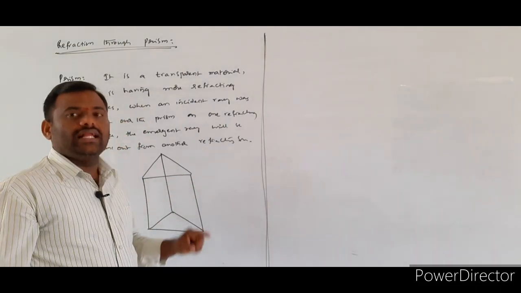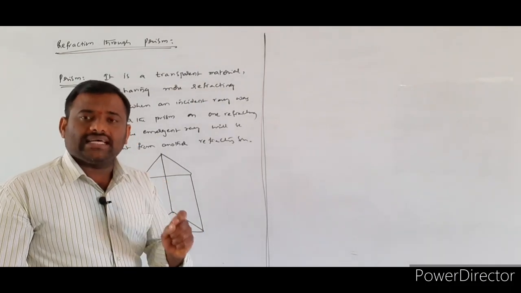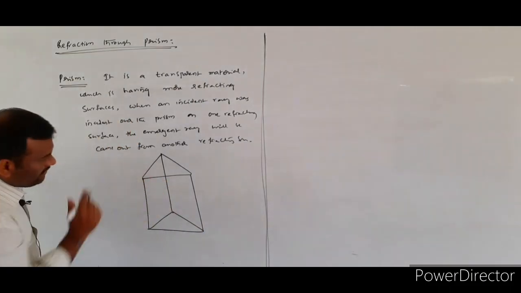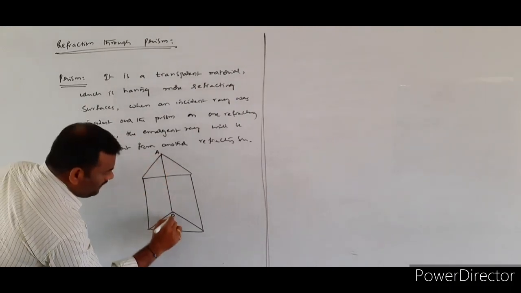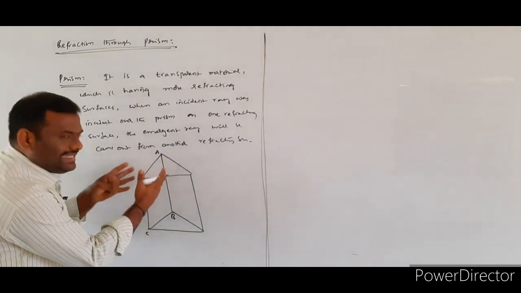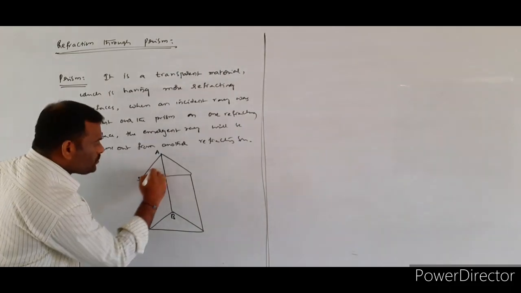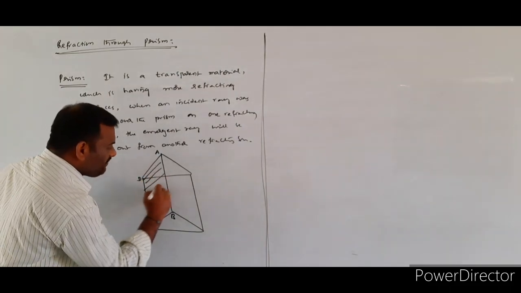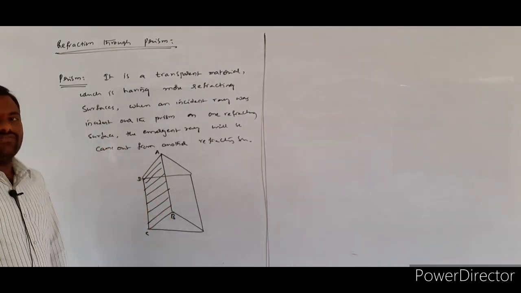The refracted rays do not pass through the base of the given prism. In this given diagram, let us take ABCD. This is a three-dimensional diagram, so in this diagram the ABCD plane surface acts as one of the plane refracting surfaces.